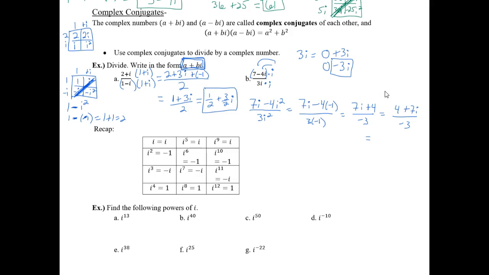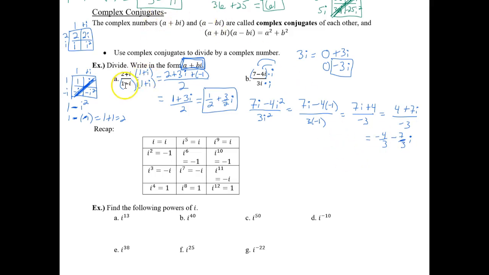So 4 divided by -3 would be -4/3. 7i divided by -3 would be -7/3 I. So again, real number plus or minus the imaginary part. A in this case would be -4/3. B would be -7/3. Okay?